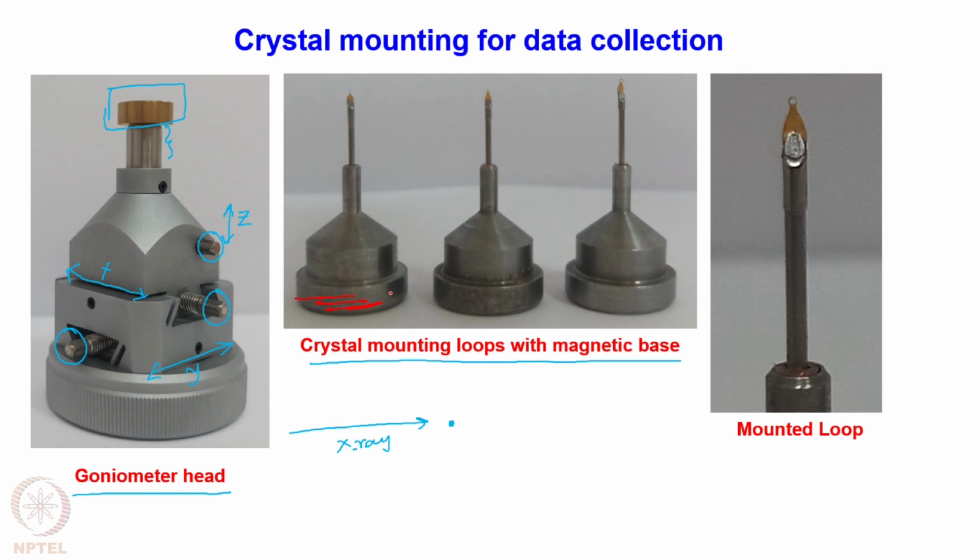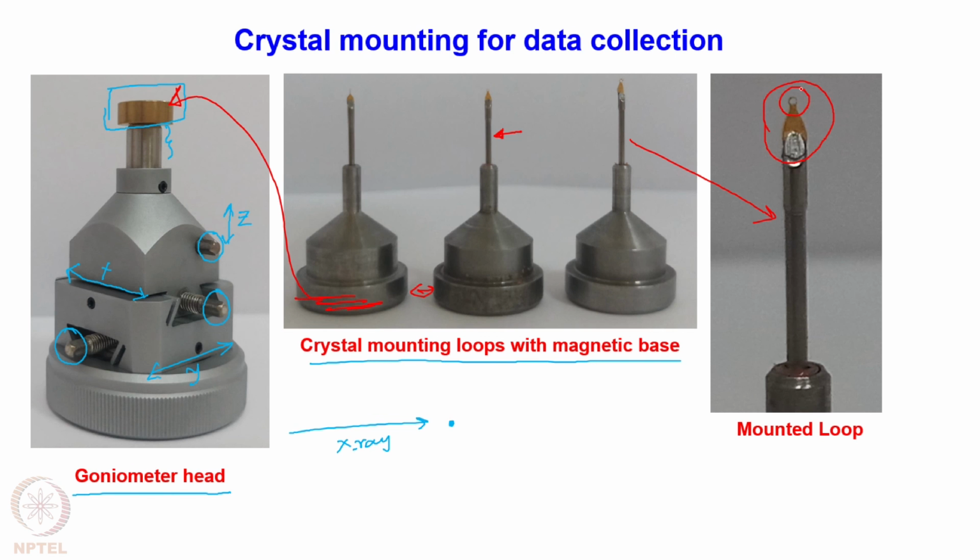This is the magnetic base that we have, which can be fitted on top here with a magnetic attachment, and then at the tip we have a metal pin which is now shown here in a zoom condition, and at the tip of that pin we have a polymer film with a small loop.